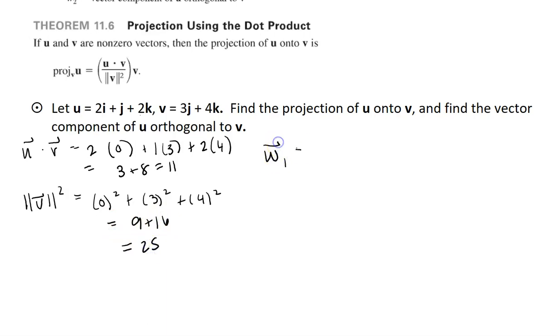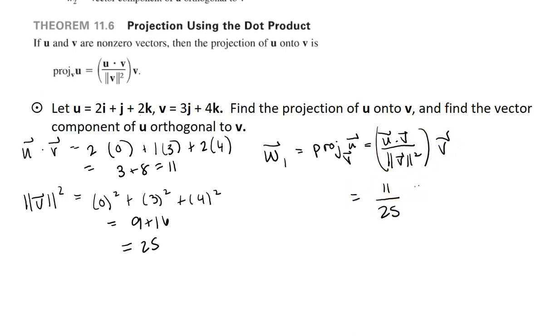So w sub 1, which is the projection of u onto v, is u dot v divided by the magnitude of v squared times v. So that will be 11 divided by 25 times the vector v, which in component form is 0, 3, 4.